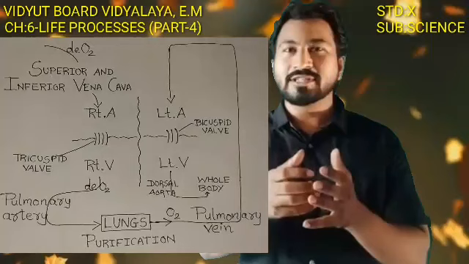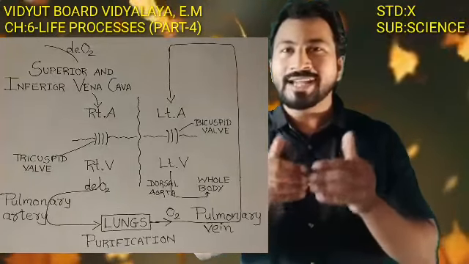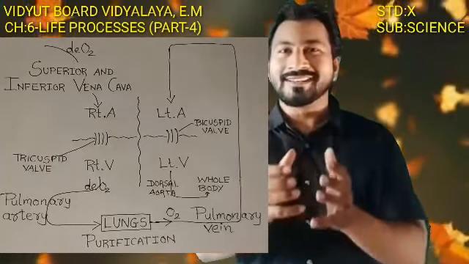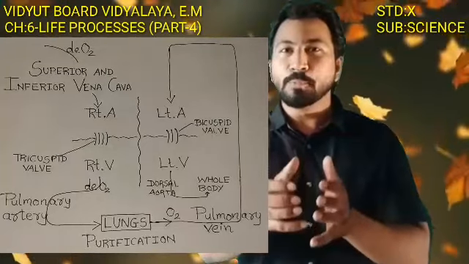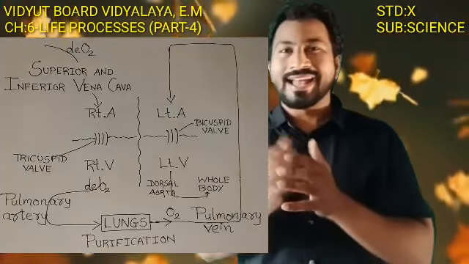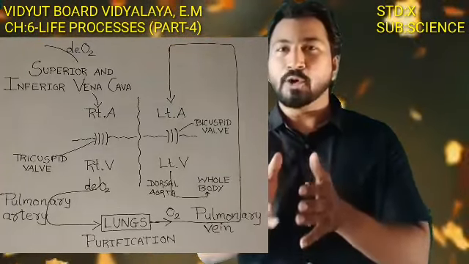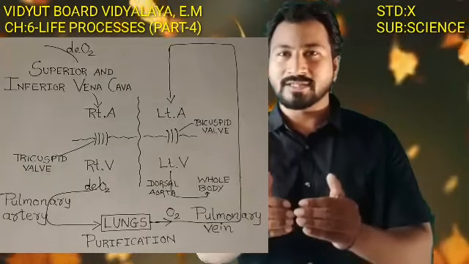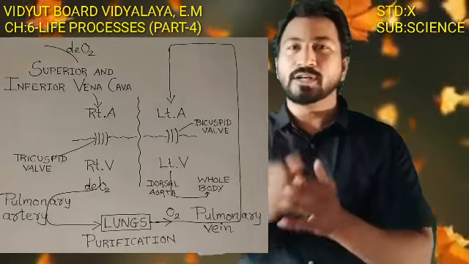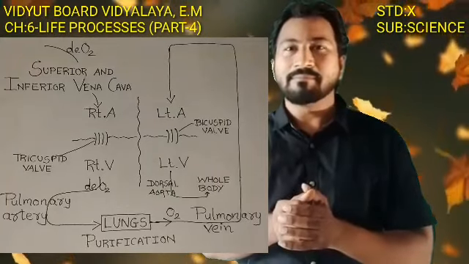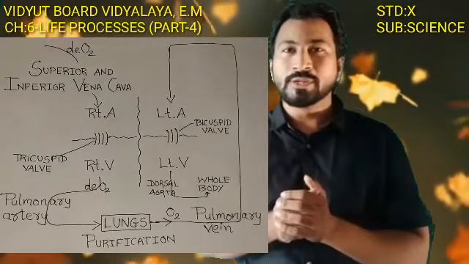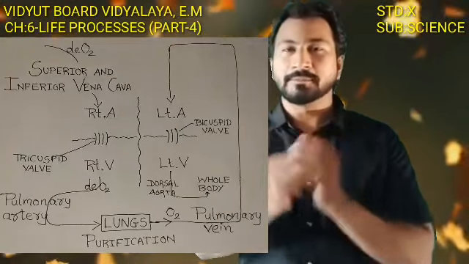This deoxygenated blood, that is the blood not having oxygen, will be entering the right auricle by the superior and inferior vena cava. And simultaneously, the pure blood from the lungs after purification will be entering the left auricle by means of the pulmonary vein.